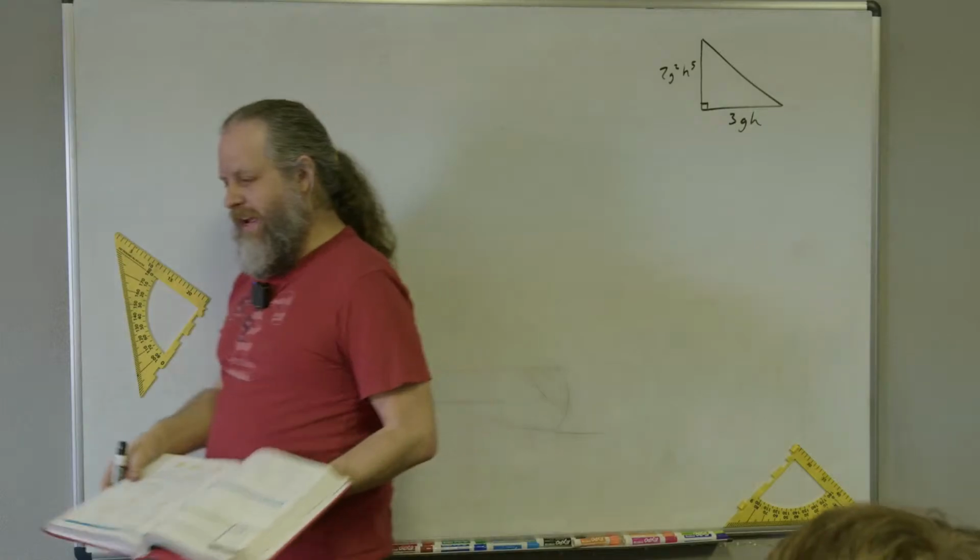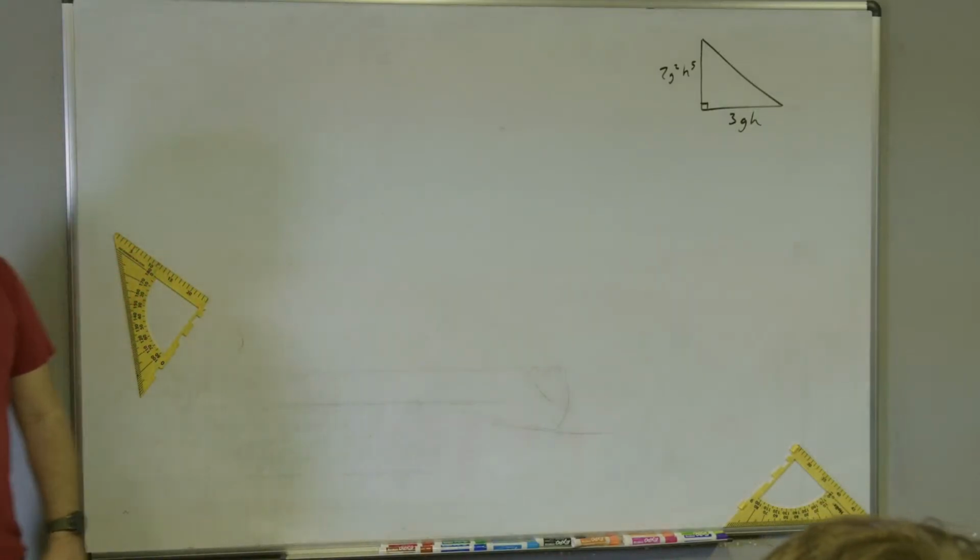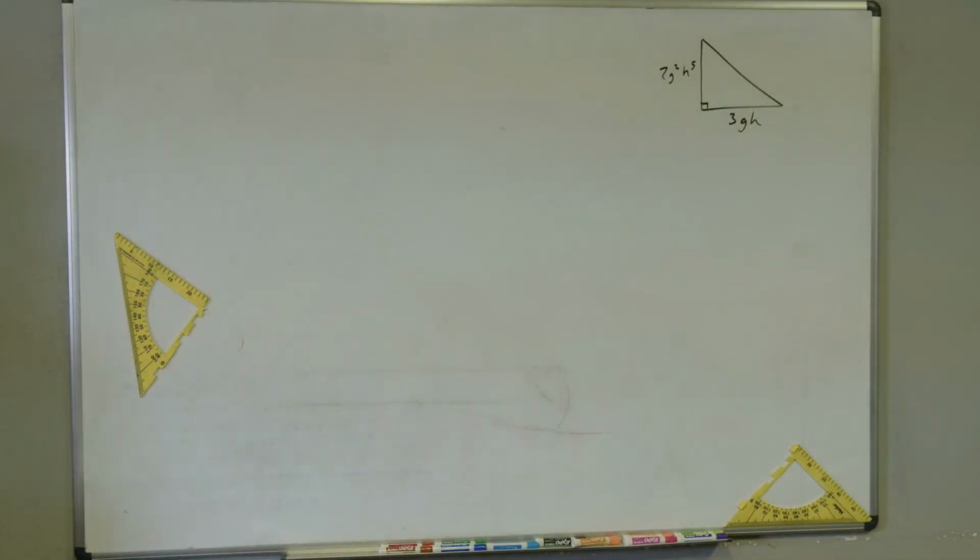All right, we need to express the area of that as a monomial. How do you find the area of a triangle? Base times height. I don't remember. Wait, I know it. What's the area?